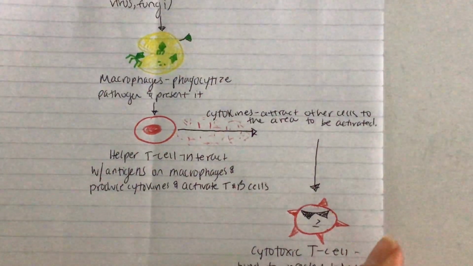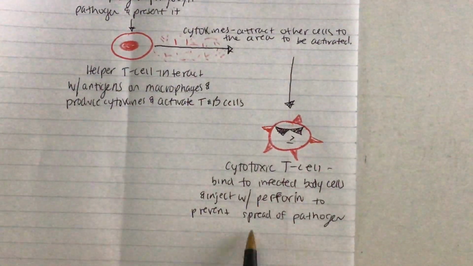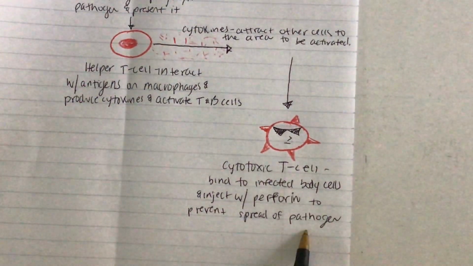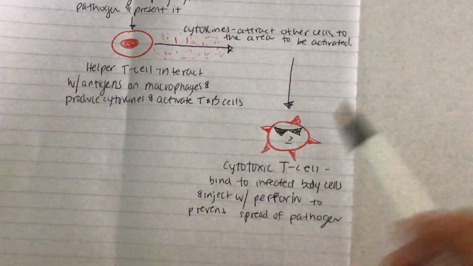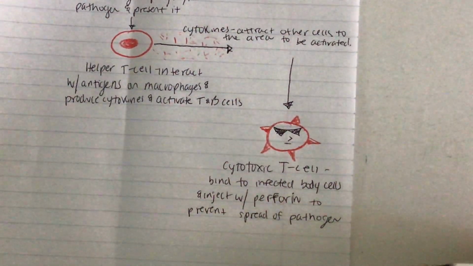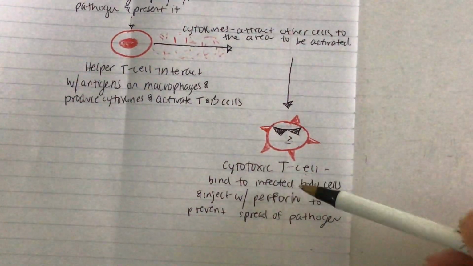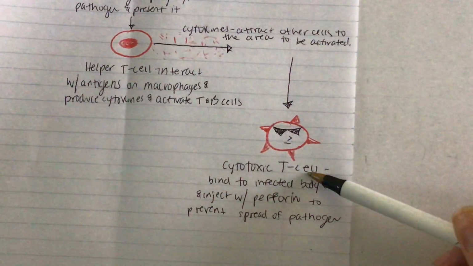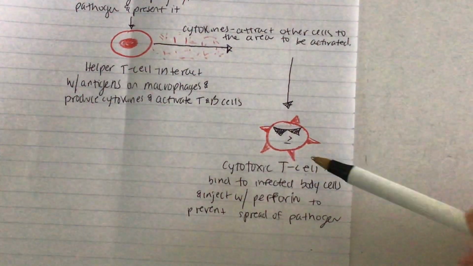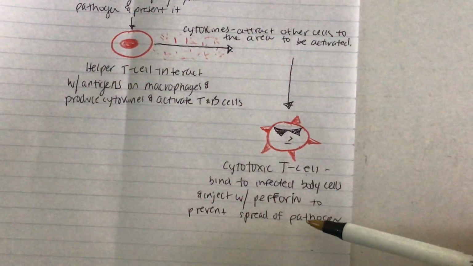Now, when you play your game tomorrow, you're really going to see how important this is. Why? If we don't have these guys at work, this pathogen is going to spread really, really fast. There's actually a virus called HIV, which I'm sure you've heard of. And what it does is it actually hijacks the cytotoxic T cells. And so it doesn't allow them to do their job, which is really difficult for our body because when our T cells aren't active, pathogens spread really quickly.